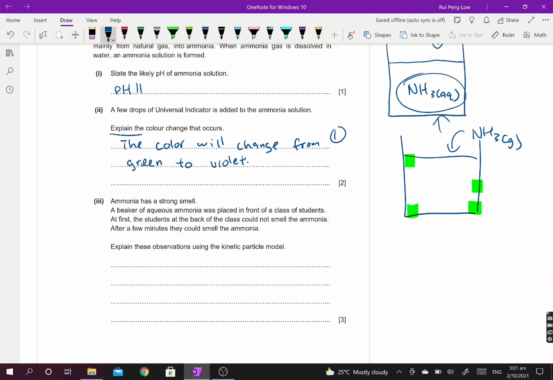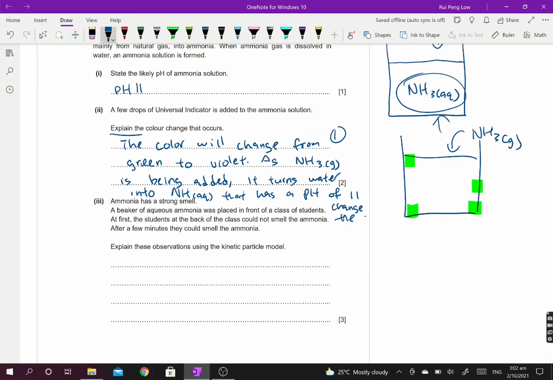You need to explain why, and the reason is because as ammonia gas is being added, it turns water into aqueous ammonia that has a pH of 11, changing the color of indicator.